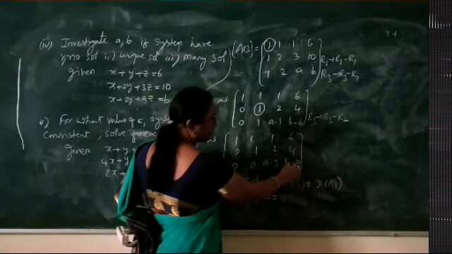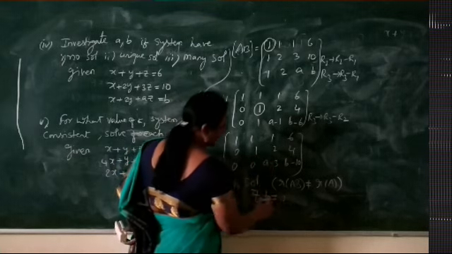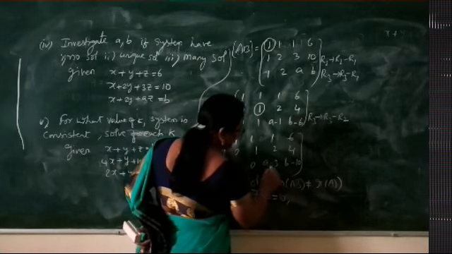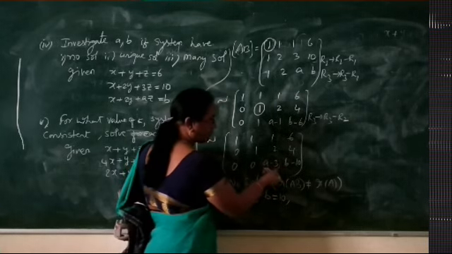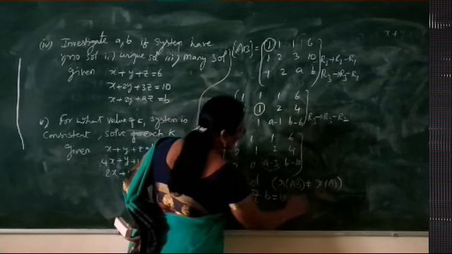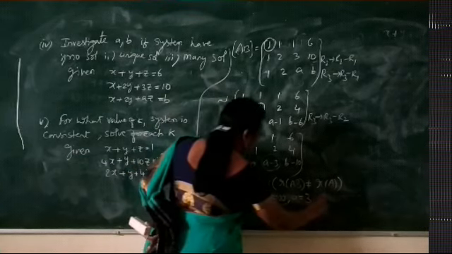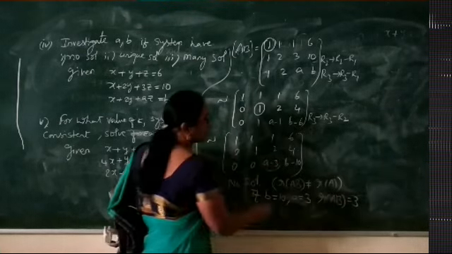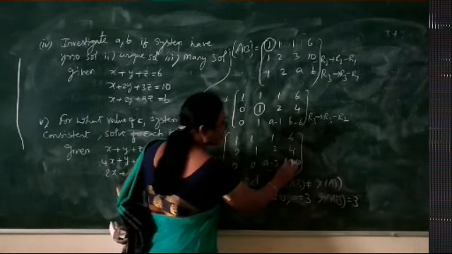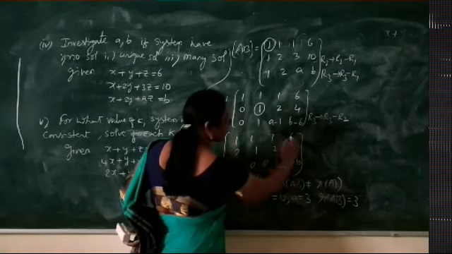When it is 0, first non-zero row, second non-zero row, third non-zero row. So when B is equal to 10, irrespective of the value of A is 3 or not equal to 3. When B is equal to 10 and A is equal to 3, what happens? The rank of AB becomes 3. This has become 0. This is non-zero, so non-zero row, second non-zero, first non-zero.